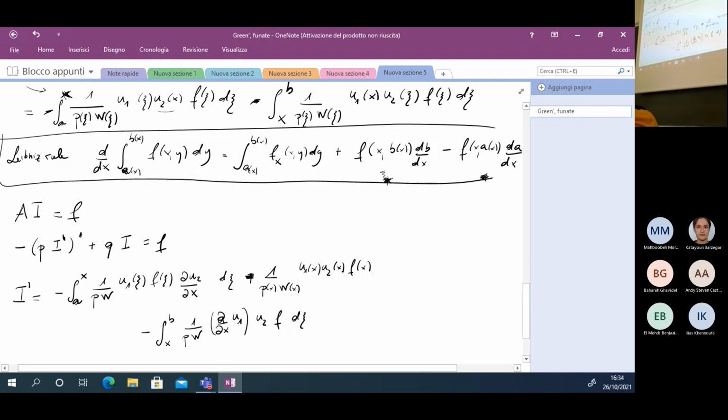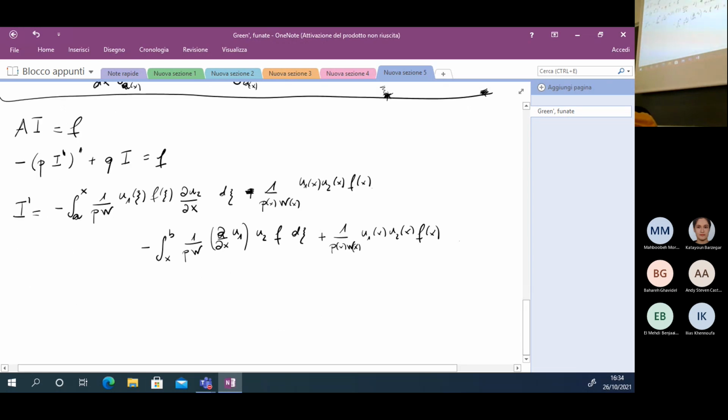With b, there is a minus sign in front, so it's a plus f evaluated at the lower limit, which is 1 over p of x, w of x, u1 of x, u2 of x, f of x, times the derivative of the lower limit, which is x, with respect to x, which is equal to 1.